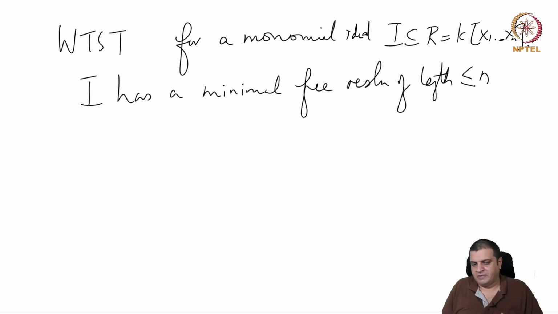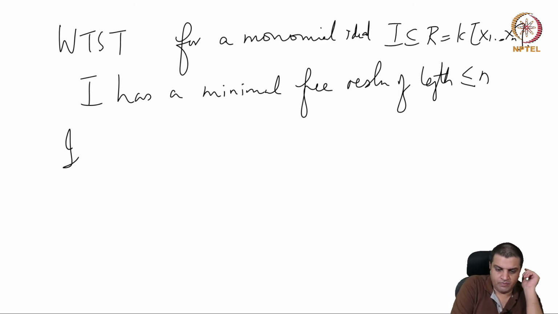In fact, there are explicit descriptions of what a free resolution would be. It need not be minimal, but at least we can prove this statement from that. There are concrete descriptions of not necessarily minimal free resolutions of length at most n, so definitely a minimal resolution will have length at most n. So one can prove this, but I would like to do it in a slightly different way, which will motivate us for the next lecture.